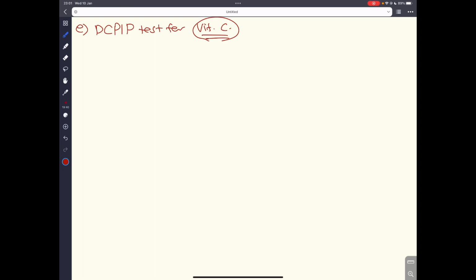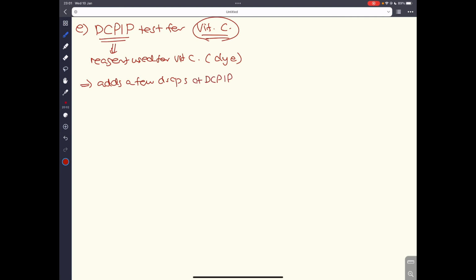Now, DCPIP is the reagent used to test for vitamin C. Now, this is actually a dye. DCPIP is a dye. So we are going to add a few drops of DCPIP, drop by drop, right?